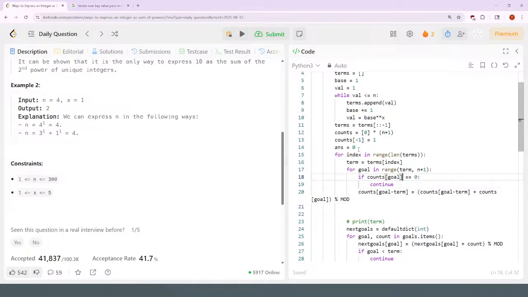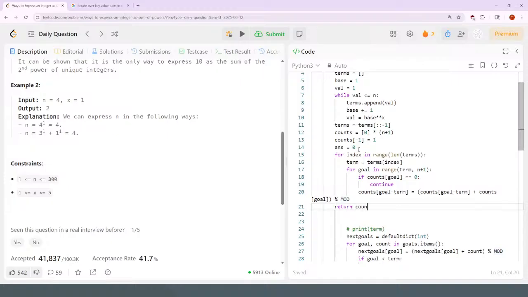Keep that value where it is, and also increment the number of ways of getting the goal minus this term. Okay. And then just when you hit 0, I wonder if that works.